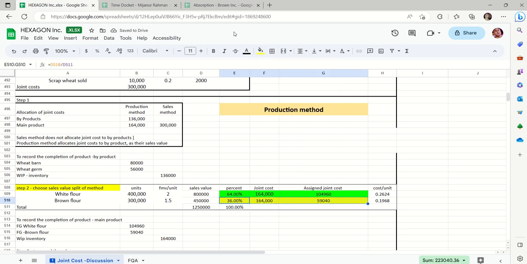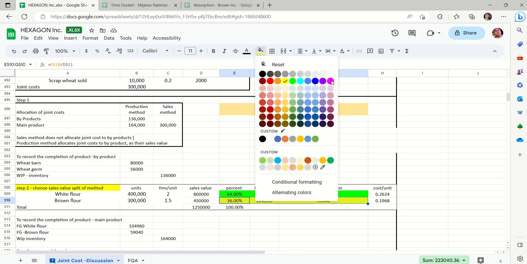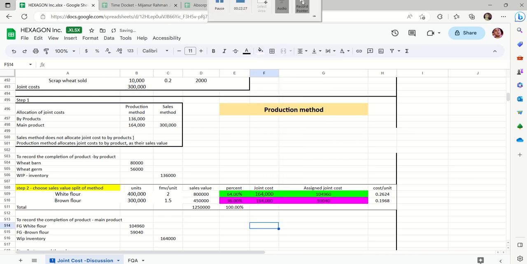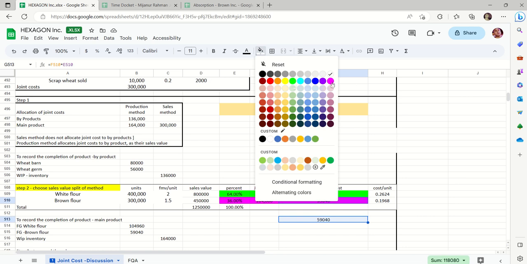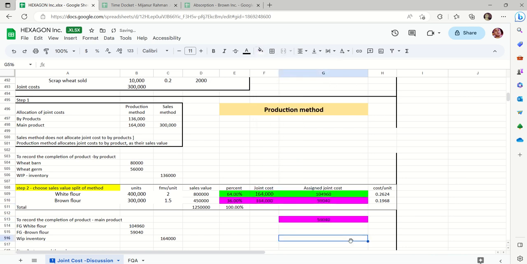Perhaps I could use a different color so you don't get confused. In magenta, we just simply take 36% of 164,000. How do you do that? Simple. You multiply 164,000 by 36%. That would give you $59,040 right there. I just calculated that for you here, highlighted in magenta.